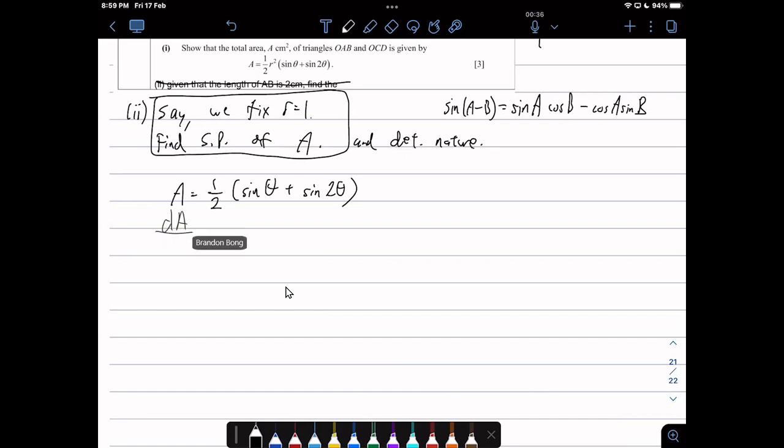dA over d theta. Theta, not x. Your muscle memory writes down x already.